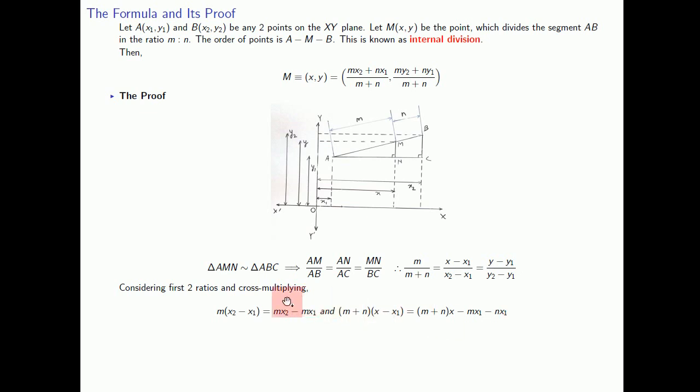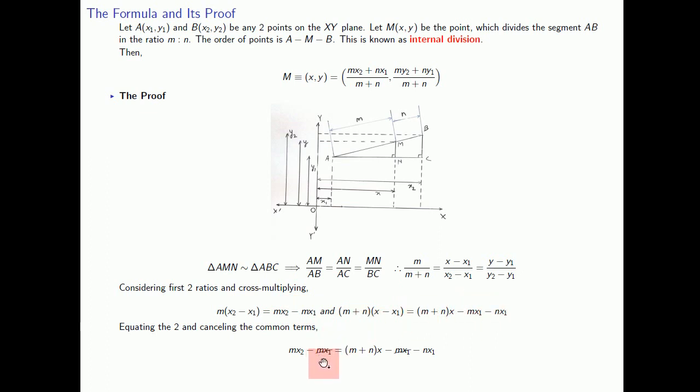So let's now equate the two sides. You will get mx2 - mx1 = (m + n)x - mx1 - nx1.